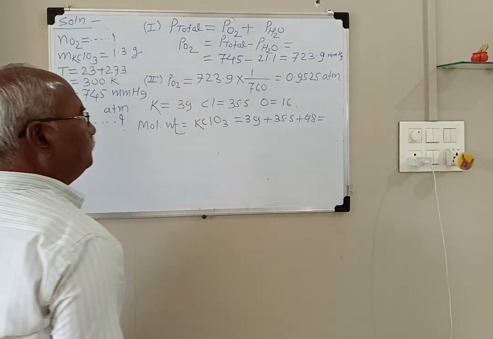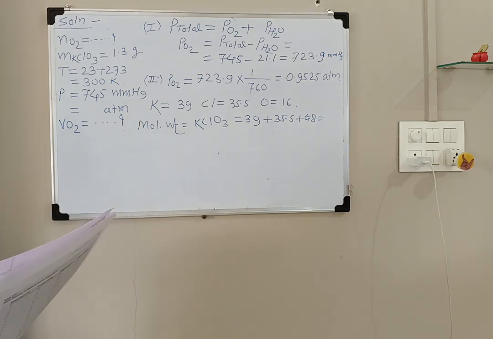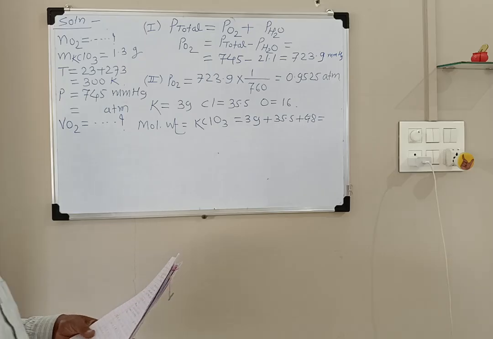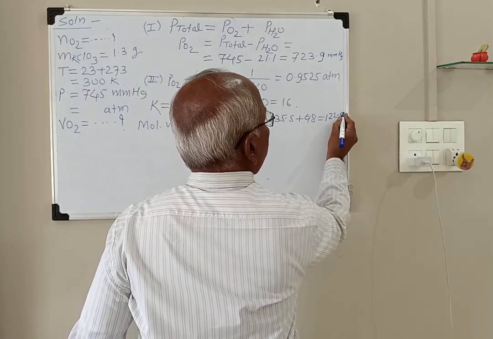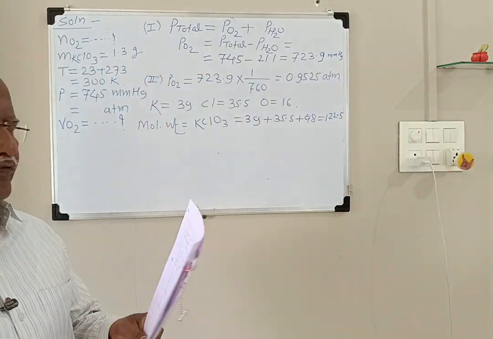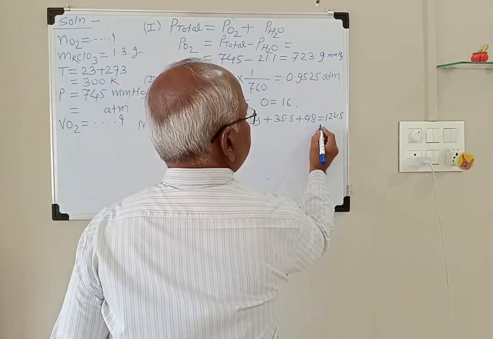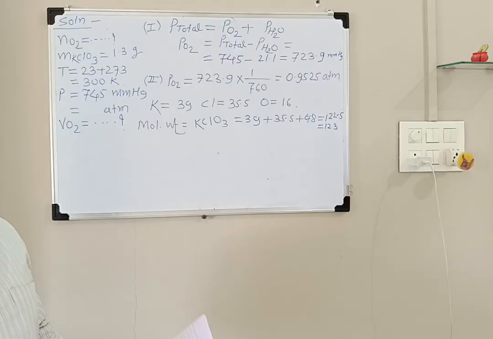The molecular weight of potassium chlorate is equal to 122.5. This is the molecular weight. I take nearly about 123.